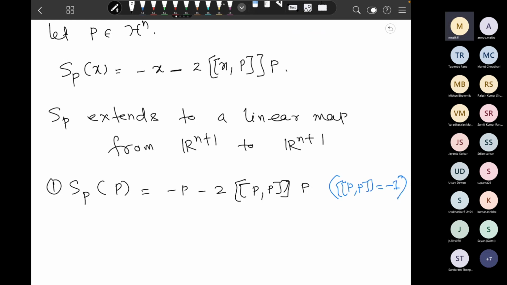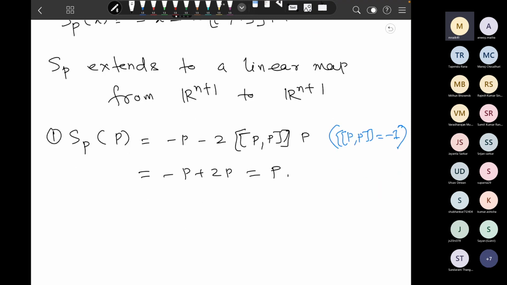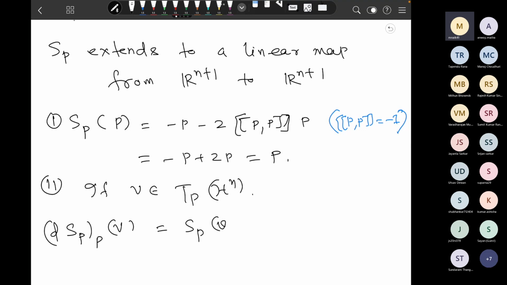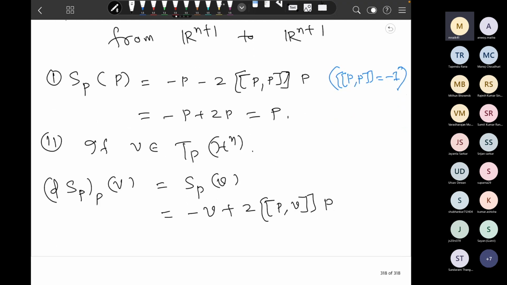So this is minus P plus 2P, and this is P. Now if v belongs to TPHn, then DSP at P of v is SP of v, as SP is a linear map. So this is minus v plus 2<v,P>P, and since v belongs to TPHn, this will be 0.